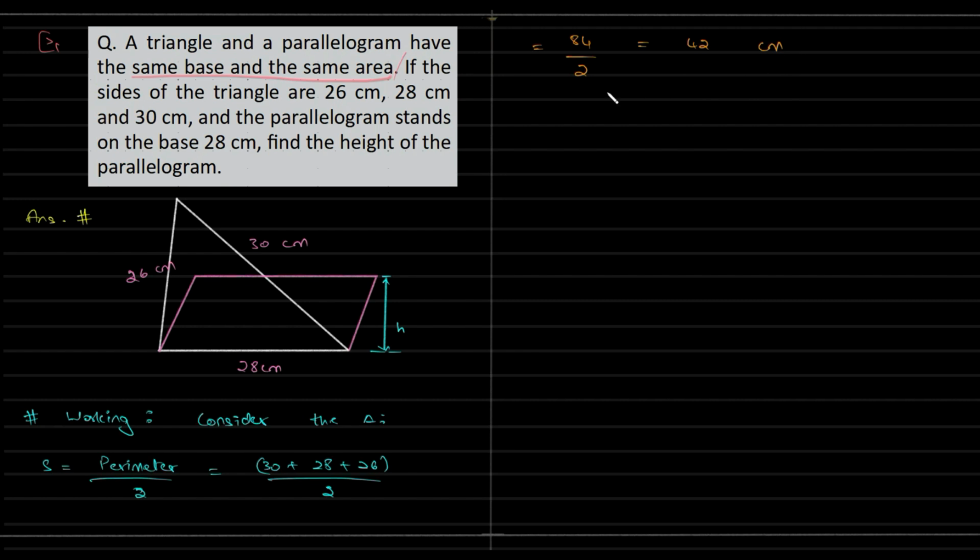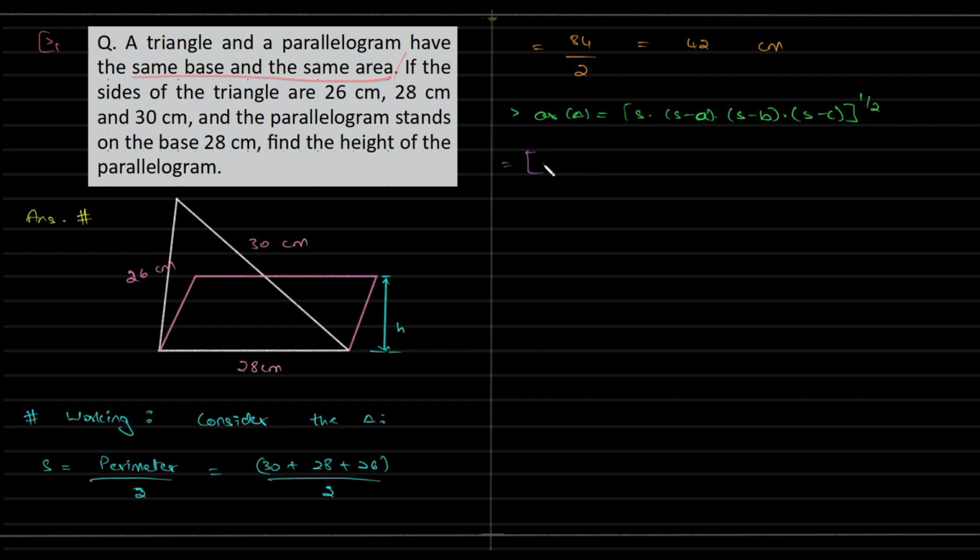That's your semi perimeter. Now, area of the triangle is given by s times s minus a into s minus b into s minus c, to the power of half.